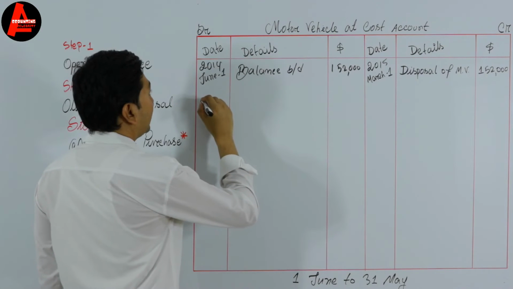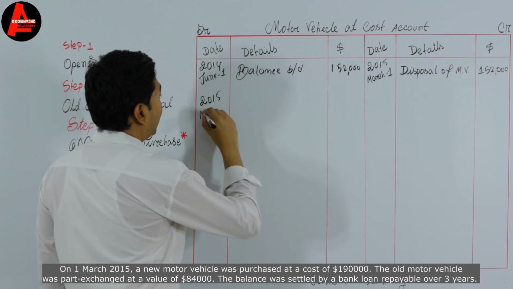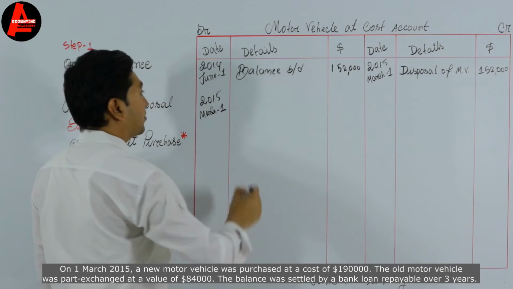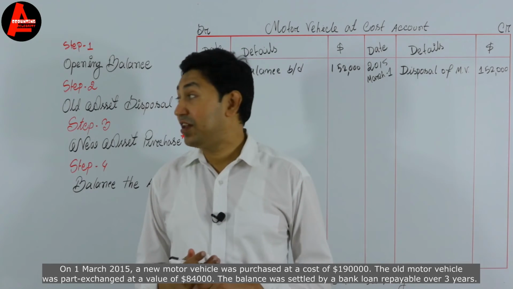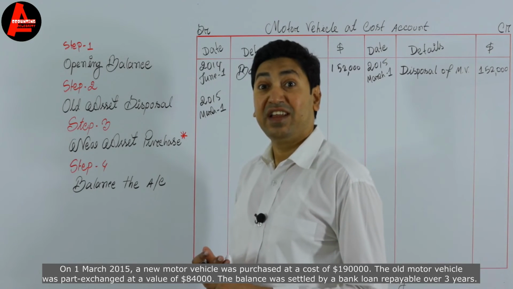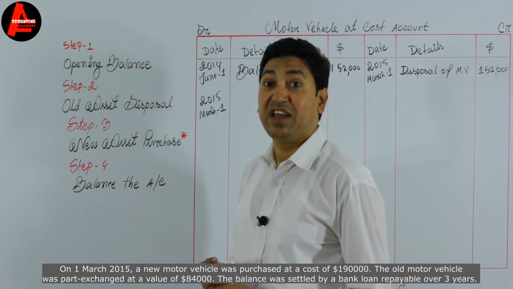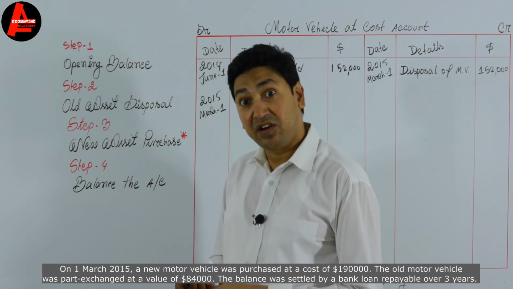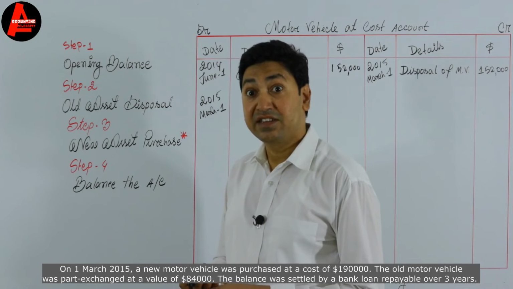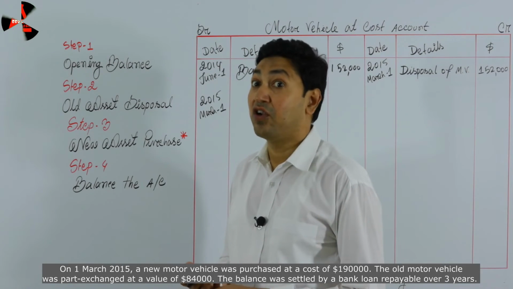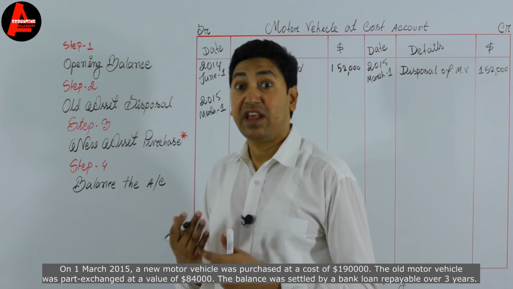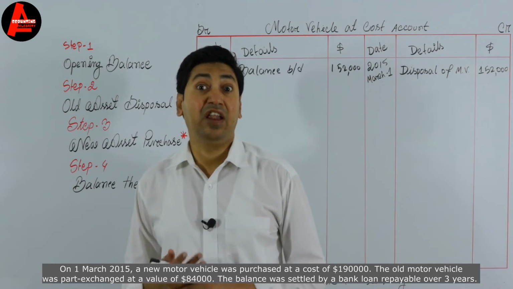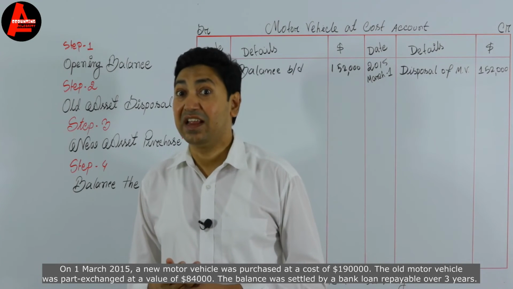So let us write here 2015 March 1st. Here she purchased a new vehicle for $190,000. From this, she exchanged her old vehicle for $84,000, and for the rest of the amount she took a loan for 3 years.